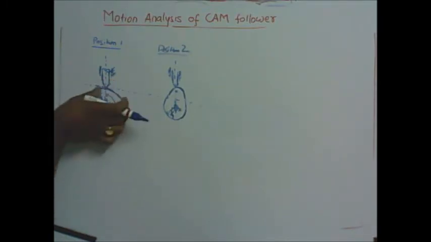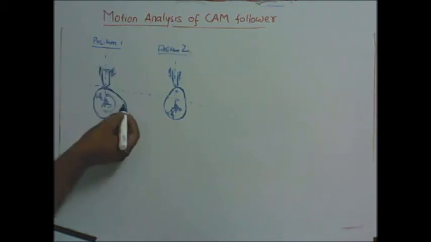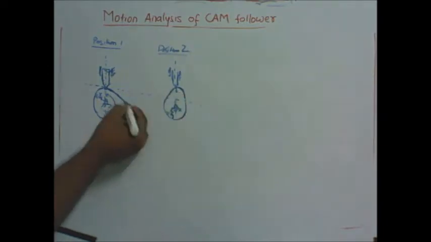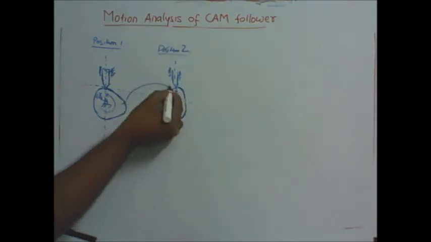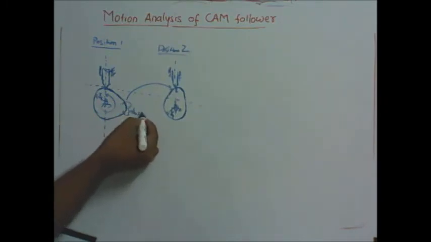It is evident from the picture that as it rotates counterclockwise, the follower rises to the upper side, up to this point, which is the position 2. This part is again circular, where it comes under dwell.